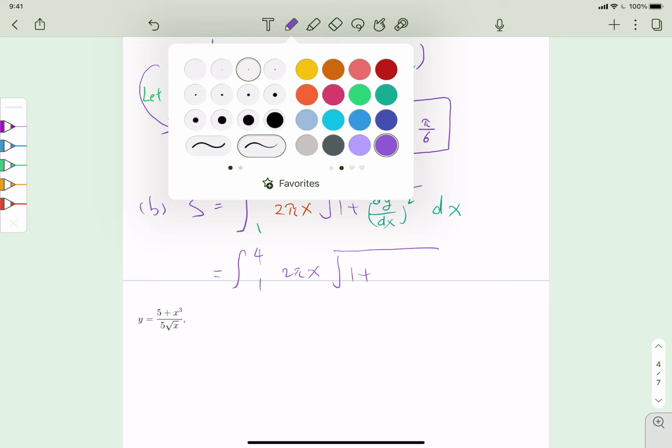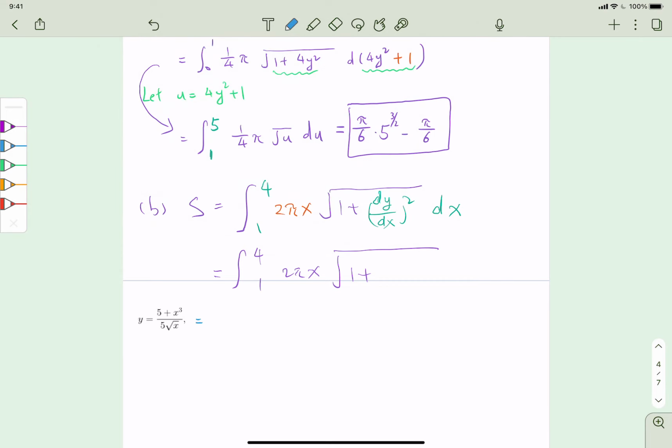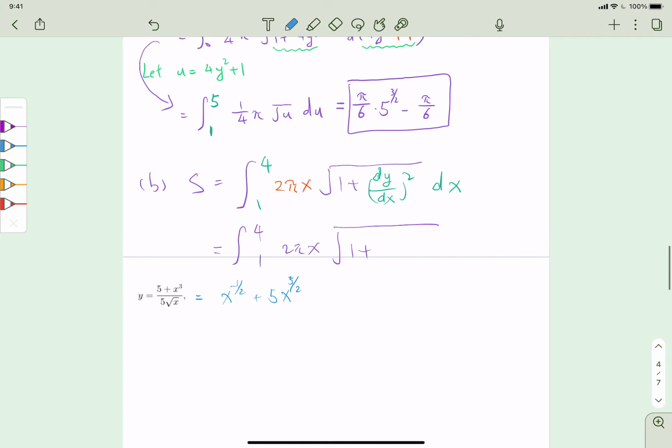Simplify it, split the sum, I have x to the negative 1 over 2 plus 5 times x to the 5 over 2. Okay, go through the computation. And its derivative is obviously negative 1 over 2 x to the negative 3 over 2, plus this 5 goes down. Oh, this is 1 over 5 instead.